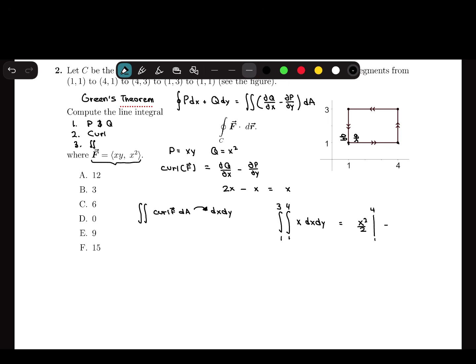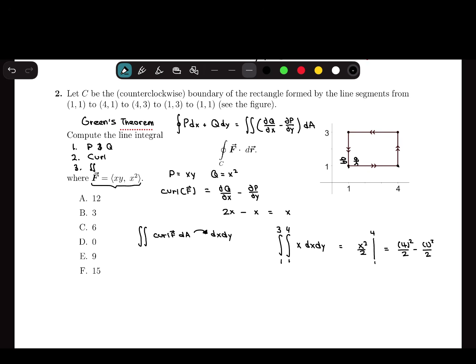So you plug in 4 squared over 2 minus 1 squared over 2, which will get you 16 over 2 minus 1/2. That will just get you 15 over 2.